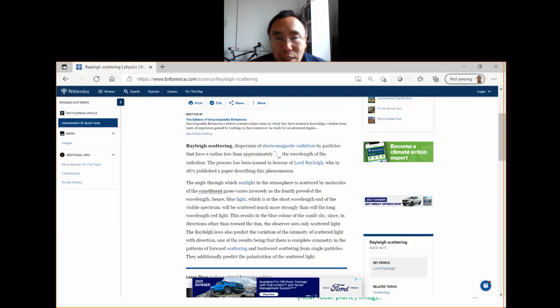So the blue light has a short wavelength, so it's more scattered than the red light that has a long wavelength. When you look at the sky, the observer sees only scattered light. So the blue light is more scattered. That's why you see the sky is blue during the daytime.